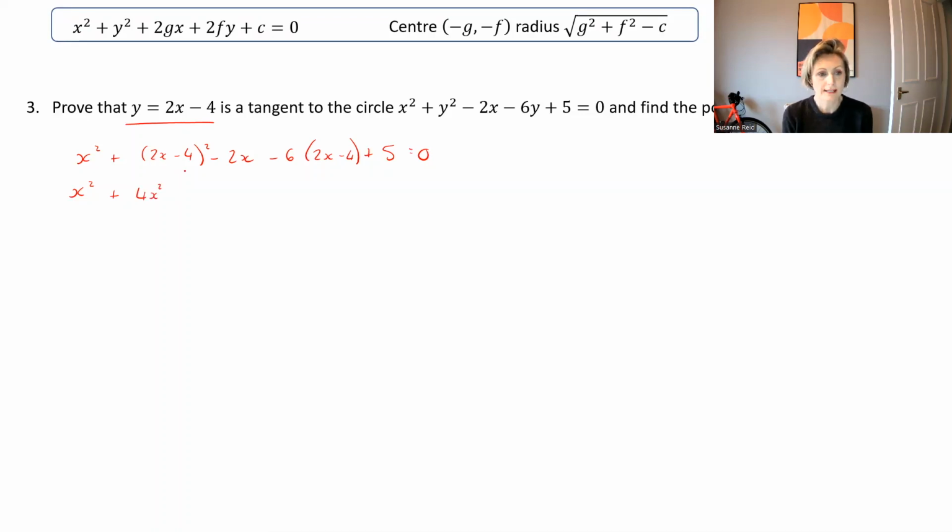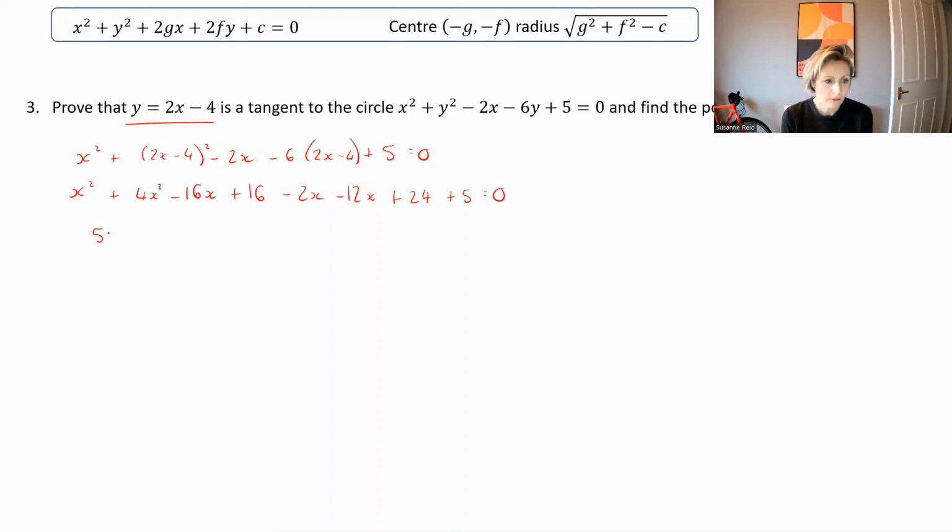The product of 2x times minus 4 is minus 8x, so twice that is minus 16x. And square the last, squaring minus 4 is plus 16. Then the minus 2x, and minus 6 times 2x gives me minus 12x, and minus 6 times minus 4 is plus 24, plus 5 equals 0.